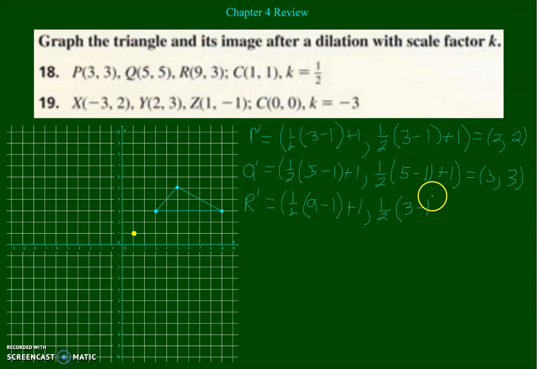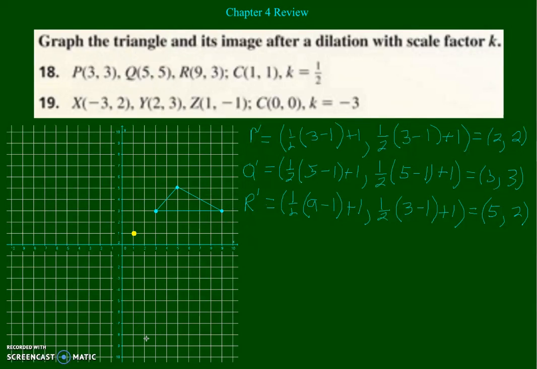Subtract 1, moving it to the center, dilate it, add that point back. Now we have 9 minus 1 is 8, divided by 2 is 4, 4 plus 1 is 5. Then we have 3 minus 1 is 2, 2 divided by 2 is 1, 1 plus 1 is 2. So, our final image is 2, 2, 3, 3, 5, 2.